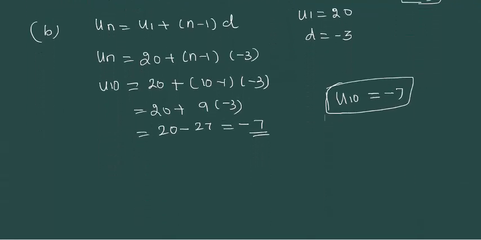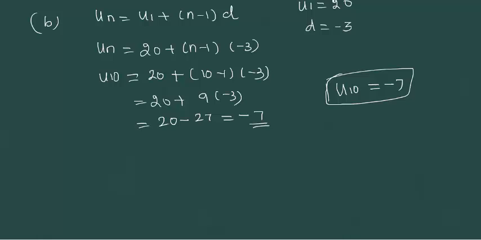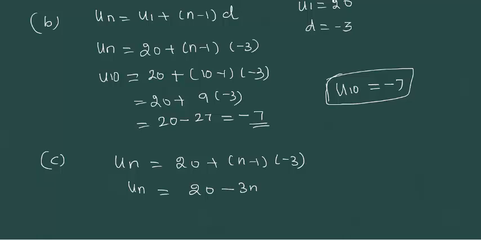So basically you need the nth term relation for this. Here we already found the nth term relation. un is 20 plus (n minus 1) times minus 3. On simplifying, you get un is 20 minus 3n plus 3. So un is minus 3n plus 23 is the nth term relation.